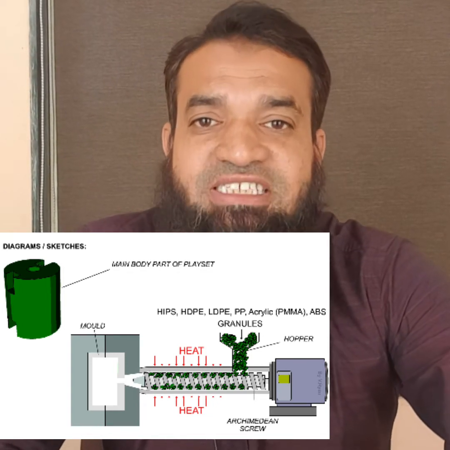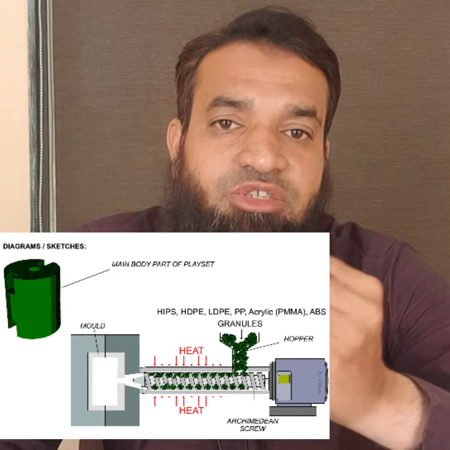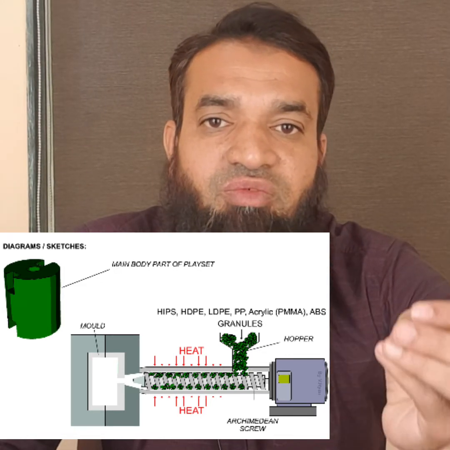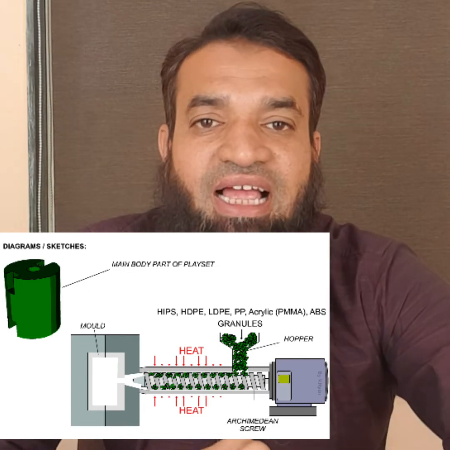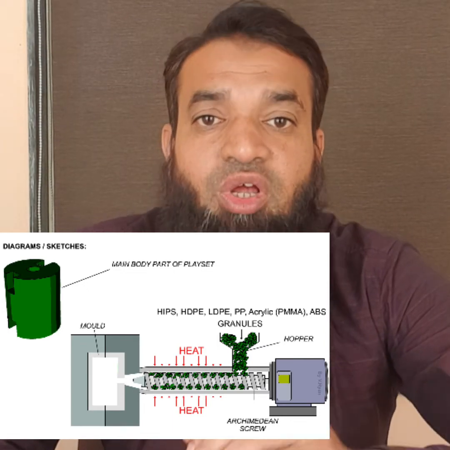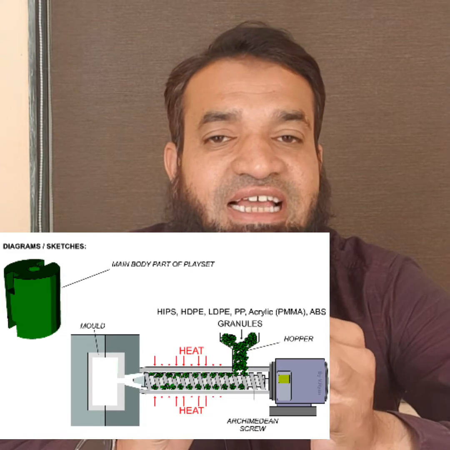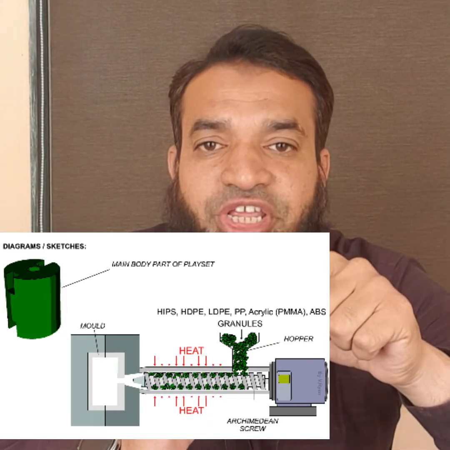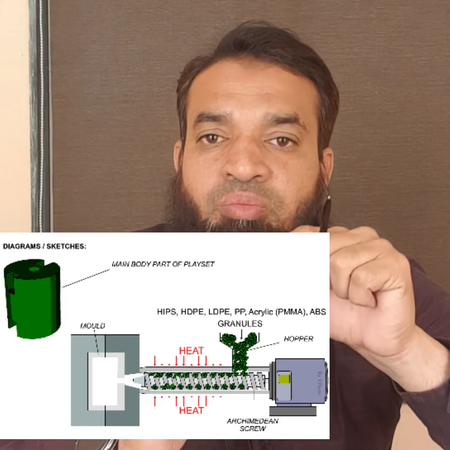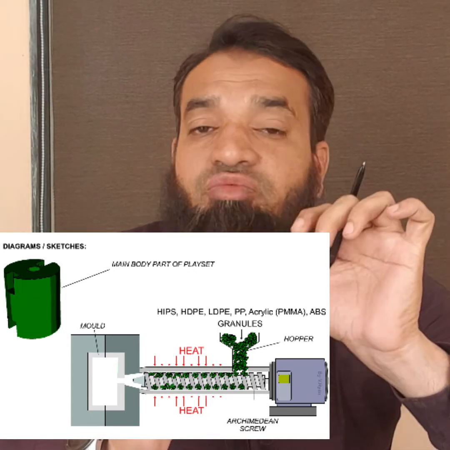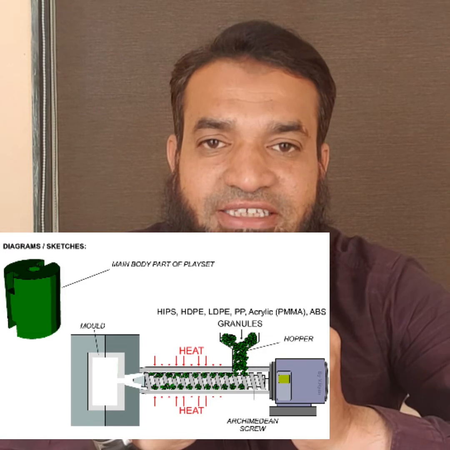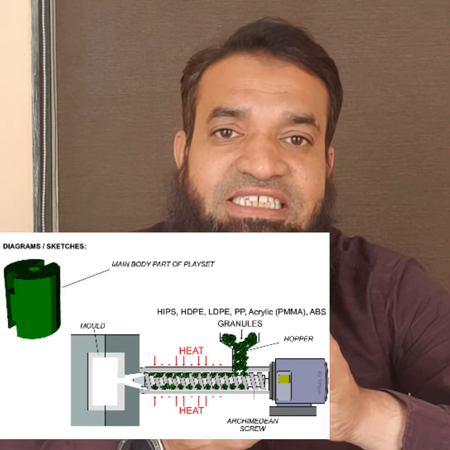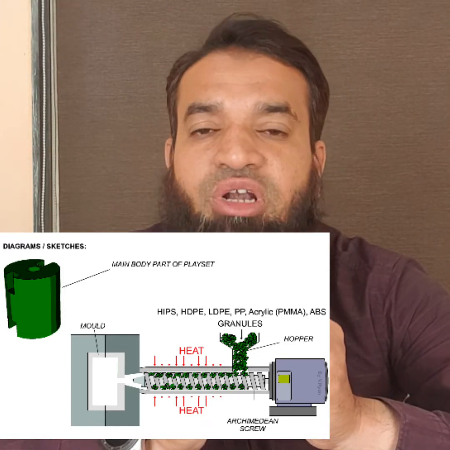The thermoplastic pellets are sent to the hot barrel, from which the material is melted through a screw barrel and heater bands. The molten plastic is then injected into a pre-configured mold cavity, which also cools down the material. After solidifying, the plastic material is ejected out of the molding machine.